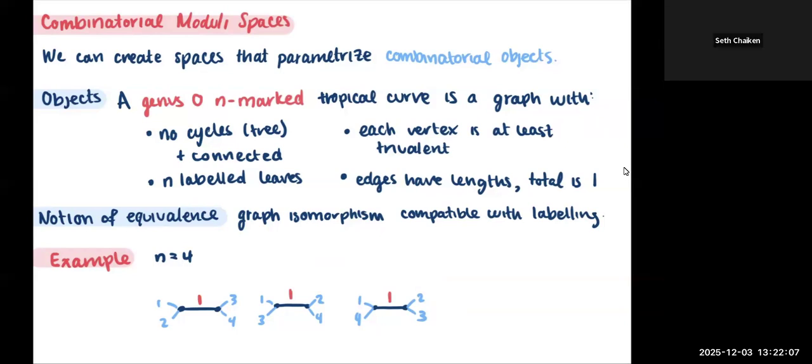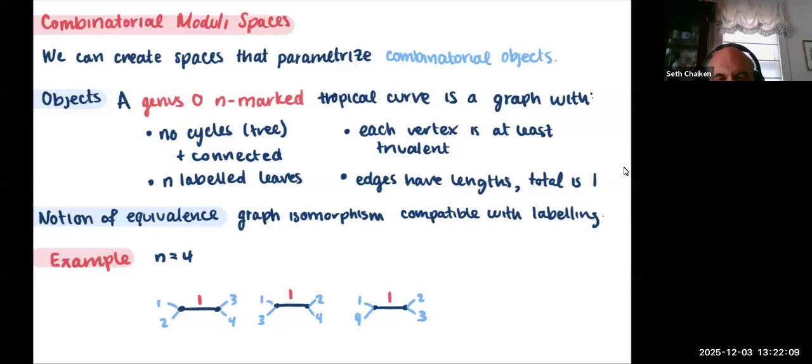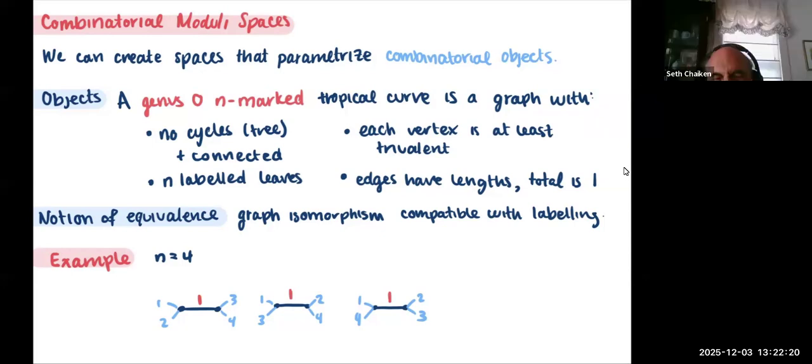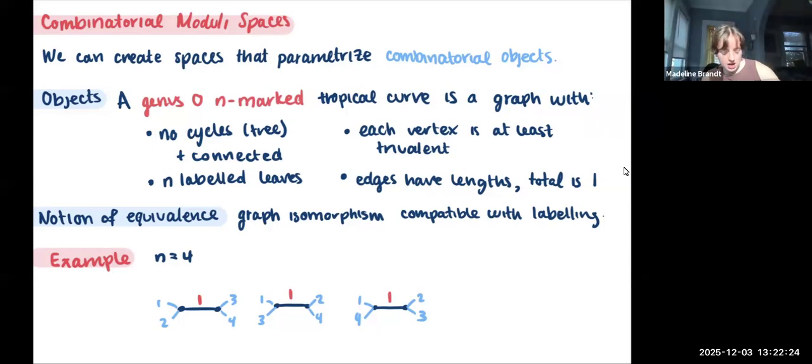Maybe I'll pause and see if there are questions. I have a question. Say the total is 1. Does that mean that if you sum up the lengths of the edges, you get 1? Yes, exactly. So the blue edges would be length 0? Yes, the leaf edges, these light blue ones, you just consider those to have length 0.